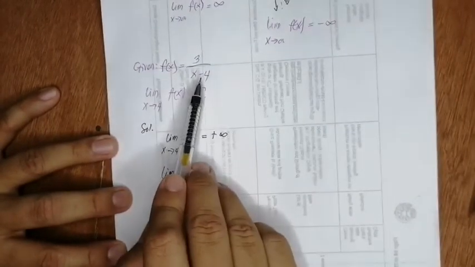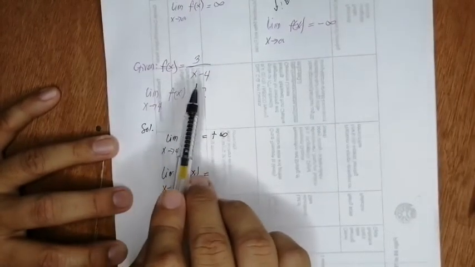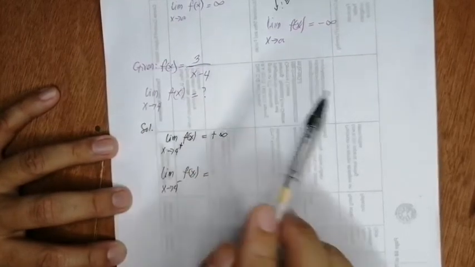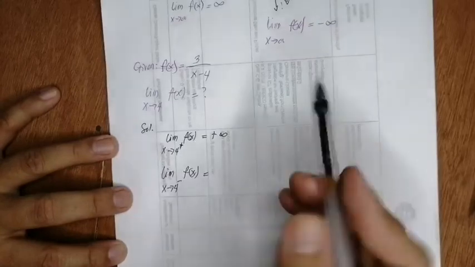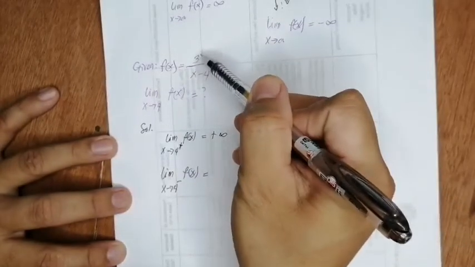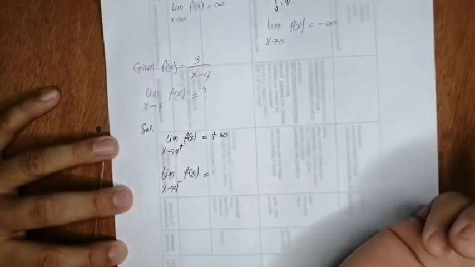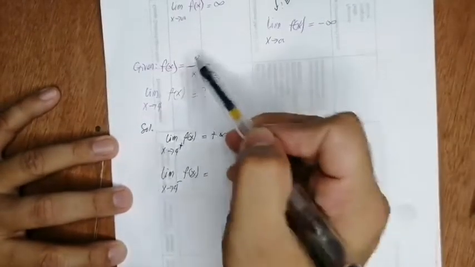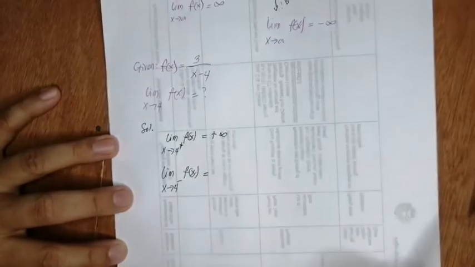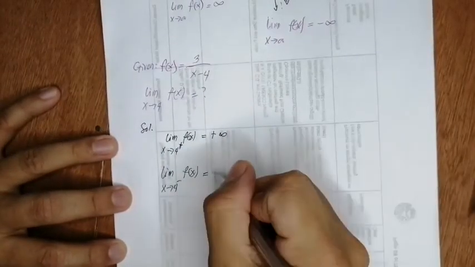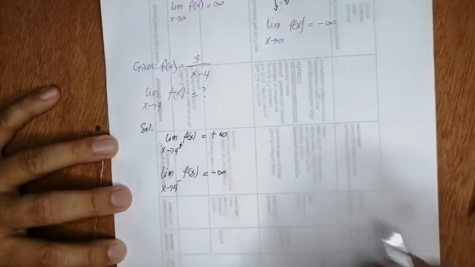So, ang nagiging value dito sa denominator is negative 0.01, negative 0.001, negative 0.0001, and so on and so forth. Now, when we divide a whole number by these, mas lalong lumalaki yung value ng f of x, yun nga lang negative. So, in that case, ang ating magiging sagot ay negative infinity.